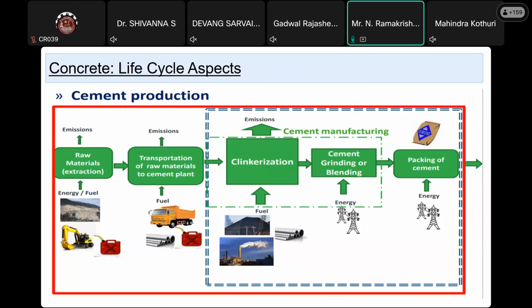For mixing raw material, you require energy, and for the generation of heat also you require energy. So both fuel and energy are used, creating emission. And then after that is cement grinding or blending, where you grind it and then add gypsum. There also you require energy, and then for packing the cement you also require energy.